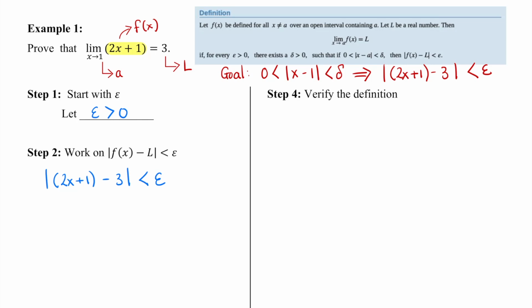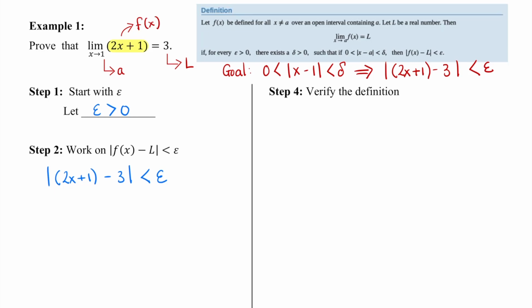Now I am going to simplify this expression until it's in terms of the absolute value of x minus 1. So first, I need to drop the parentheses. So I have 2x plus 1 minus 3. And if I combine like terms, positive 1 minus 3 is negative 2.